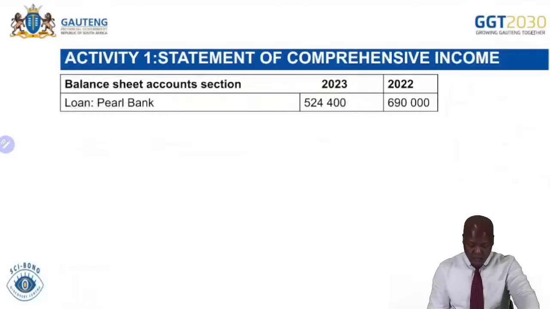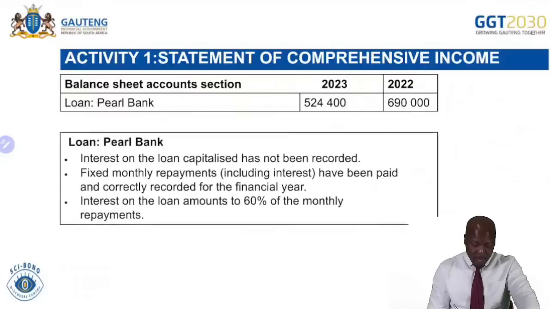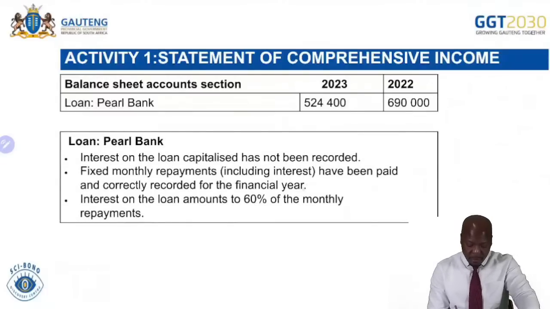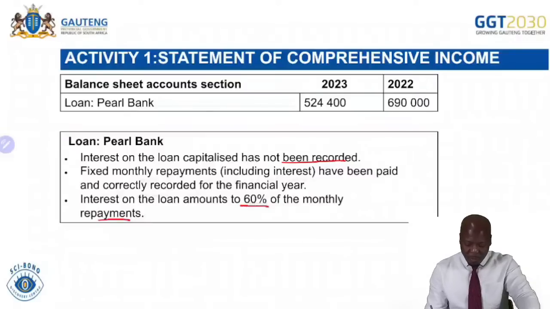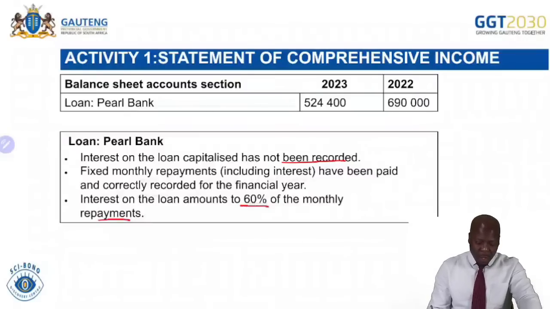It reads, loan from Pearl Bank. Interest on the loan is capitalized, has not been recorded. Fixed monthly repayments, including interest, have been paid and correctly recorded for the financial year. Interest on the loan amounts to 60% of the monthly repayments. So what we will do, we want to know how much is the repayments.